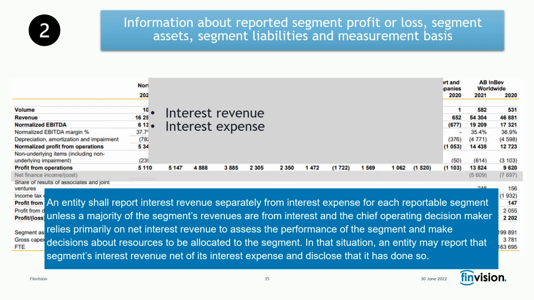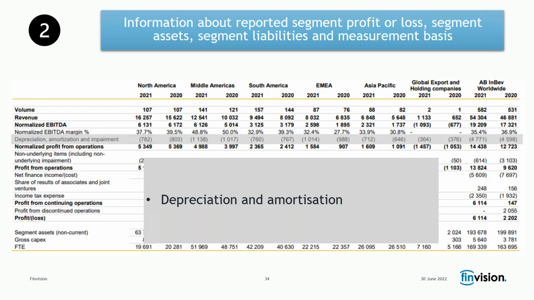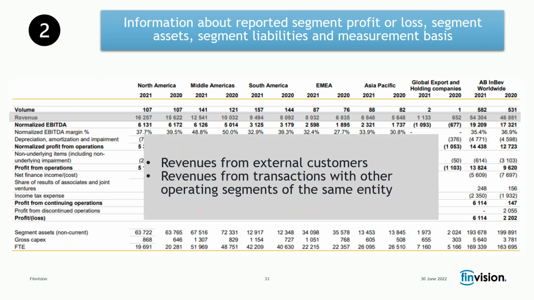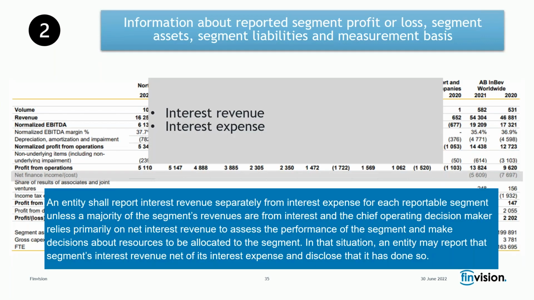You see that the basis is the profit from operations. Let me go to a good slide. I see it here and above, profit from operations. This is the lowest level at which we disclose the measurement basis of the P&L of the segment, the segment profit, what we call.